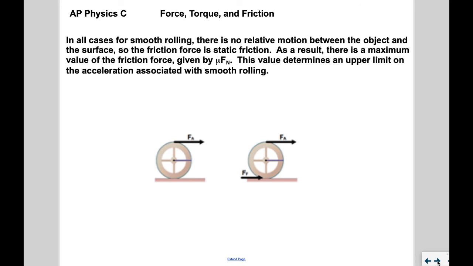The friction force is not necessarily equal to mu times Fn. Could be less because it's static friction. So there is an upper limit on the acceleration associated with smooth rolling. That upper limit on the acceleration is determined by the maximum static friction force that can be exerted between the object and the surface.